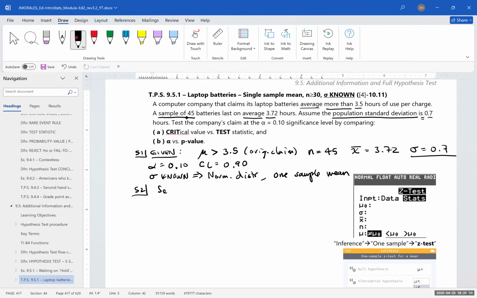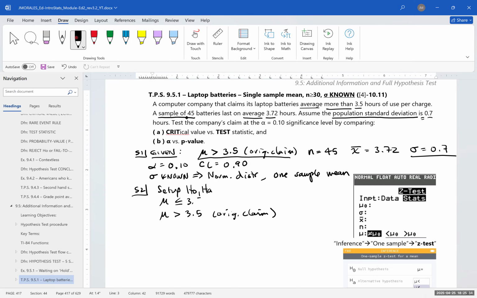Okay, so let's move on to step two. Step two is to set up our null and alternate hypotheses. So let's put down our original claim first. We can also make a complement of that if you want to do that right away.